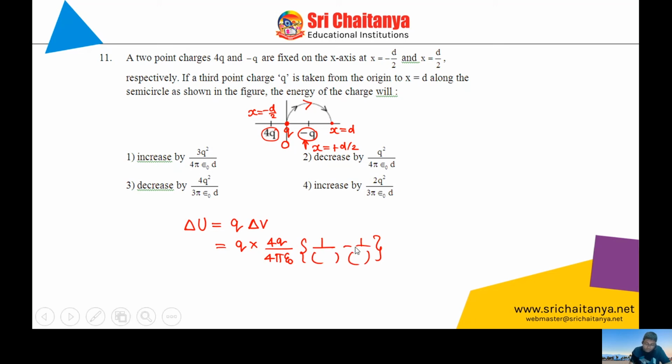So r final from this 4q, I think, is 3d by 2, and the initial distance is definitely this distance over here, so that is d by 2. Simplifying, you will simply get minus 4q square upon 3 pi epsilon naught d, right? So that is which choice? Option 3. Okay, so that is question number 11.